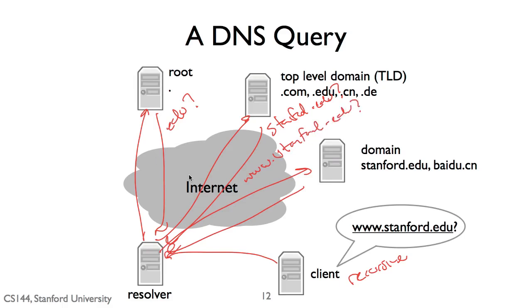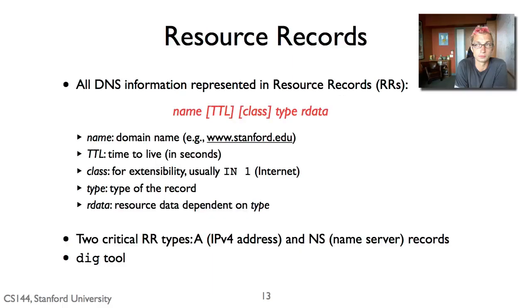Each of these is a non-recursive query, and the resolver then caches those results. So edu, stanford.edu, and www.stanford.edu. So that's a query at a high level.